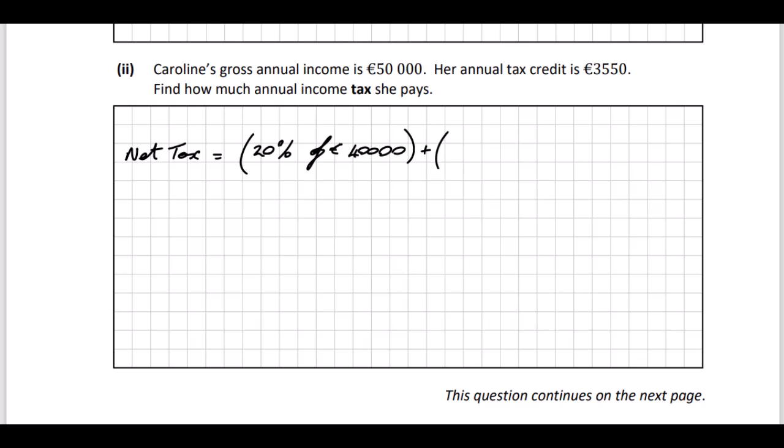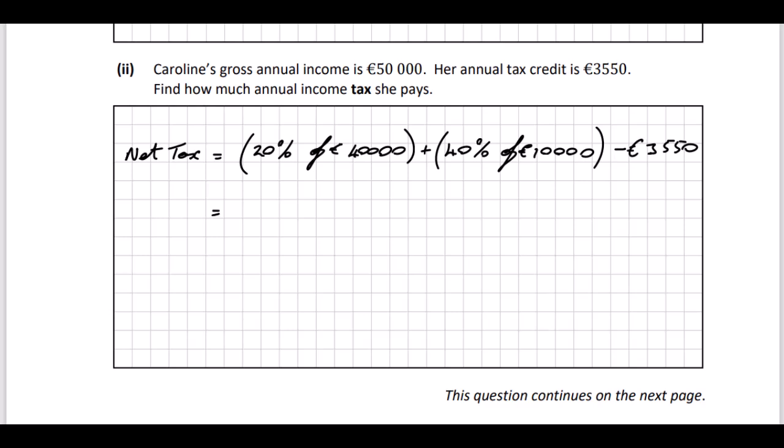Then we've got to add 40% of whatever is left over. So we've got to get 40% of 10,000. She earns 40,000 plus another 10,000 to bring her up to 50,000 euros. And then we've got to subtract tax credits, which are 3,550 euros. So that's her net tax.